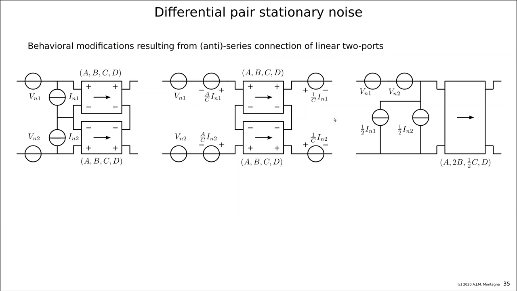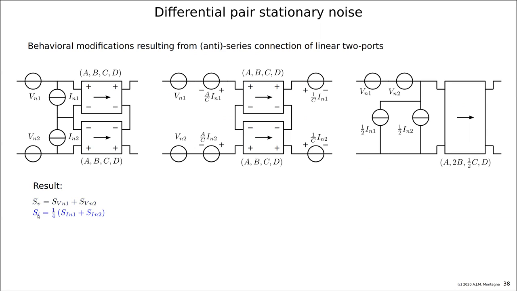And if you do so, you will find this result, because we are now using A, 2B, C over 2, and D of the complete structure of the two-ports to find the input. And this is the result. Again, you can find the derivation of this in the textbook. So the result is that we have SV, the total spectrum of the input noise voltage, as the sum of the two spectra of the individual two-ports.